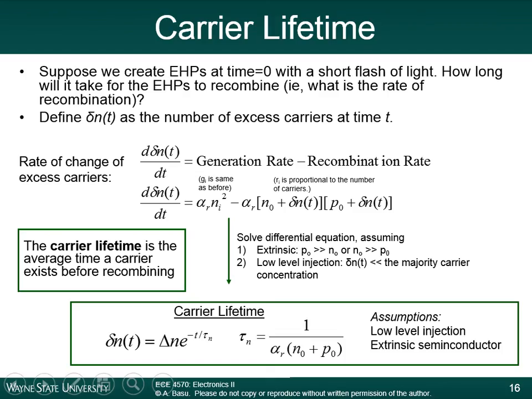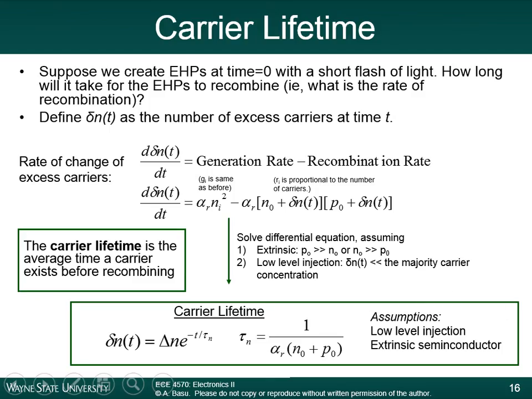What's happening here is that the recombination rate is increasing because we have excess electrons and excess holes. We'll talk more about this in the next class, but when you put light on the material, you're generating extra electrons and extra holes, so you're increasing the concentration of electrons and of holes.